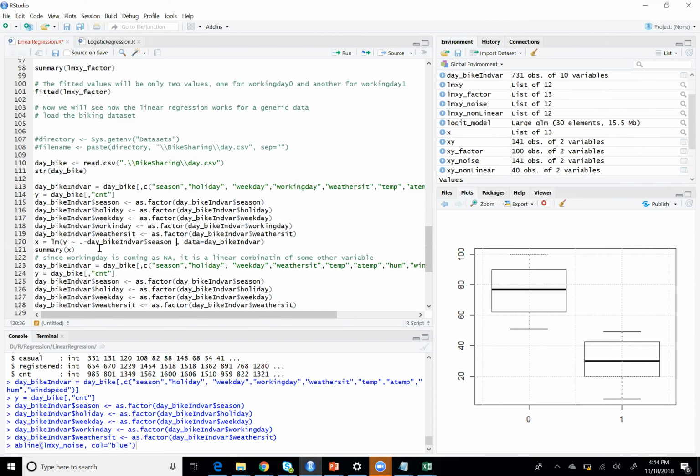So this is how you delete a feature. If you subtract that particular feature from the dot, then it will take all the features but that one. But today I'll plot it with all the features and show you why it is really bad. Then we will use the summary in the data set to remove some features.